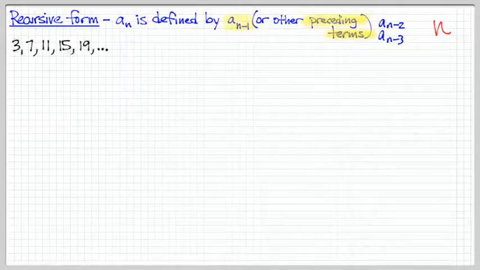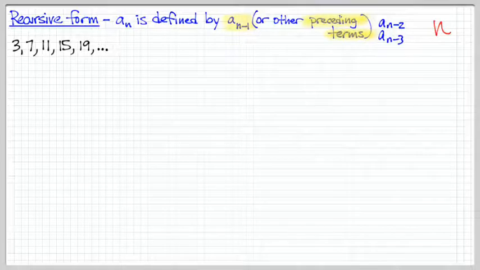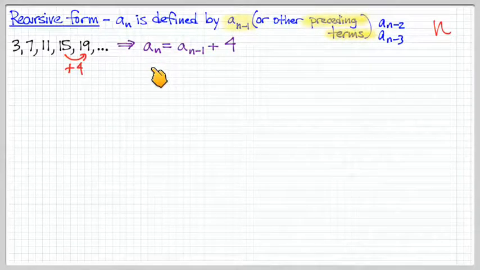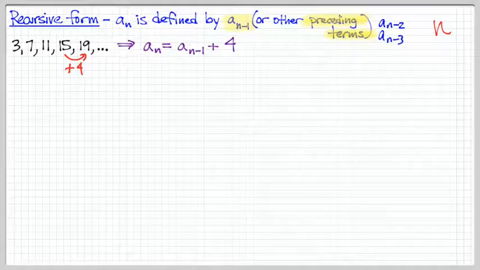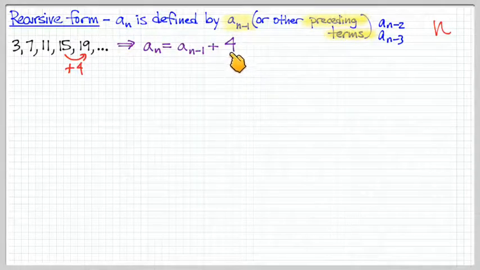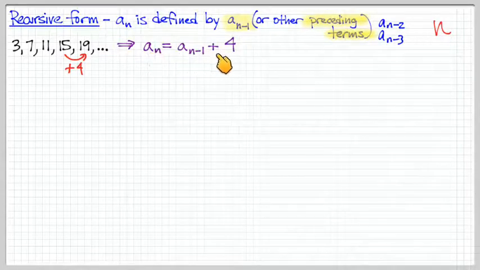Okay. So let's look at this arithmetic term, and we know that the common difference is 4. So from 15, I add 4 to get 19. From any term, I take the previous term and add 4 to that. So this is what we call our recursive rule.